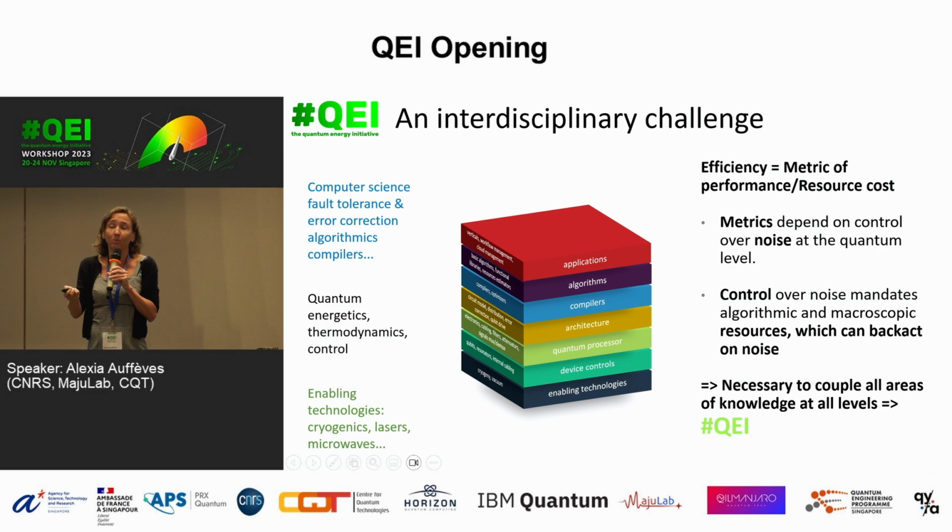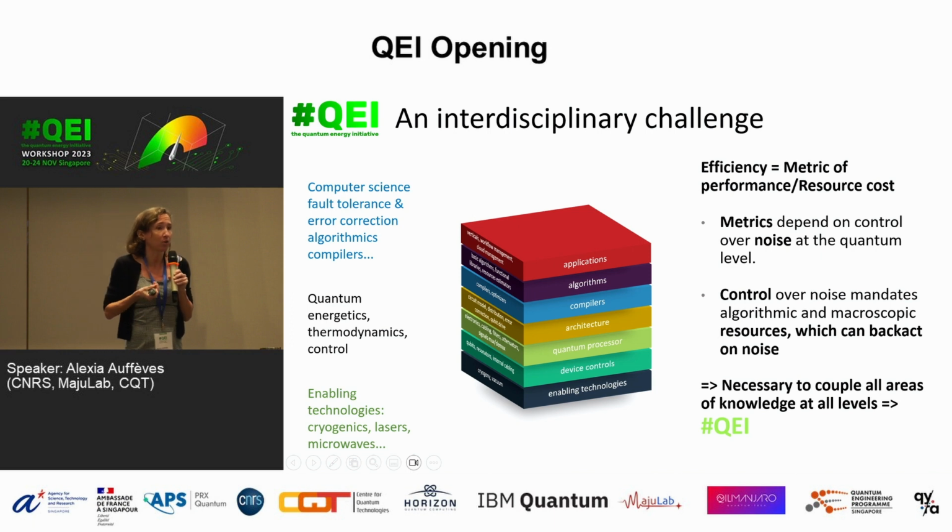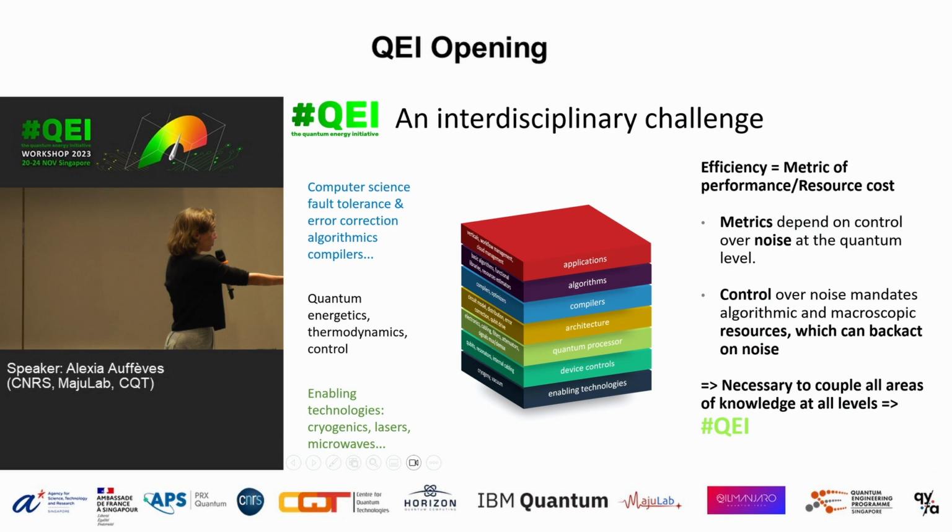They also come from the lower part of the stack, which is everything related to cryogeny, everything related to lasers, every technology that is here to build a classical context around the quantum processor. And that's the major macroscopic resource cost we need to take into account. And therefore, to optimize efficiencies, we really need to connect all these expertise to end up with something that is completely consistent and forgets nothing. And that's the purpose of the Quantum Energy Initiative. And that's on you now, Rob, to describe the rest of the story.